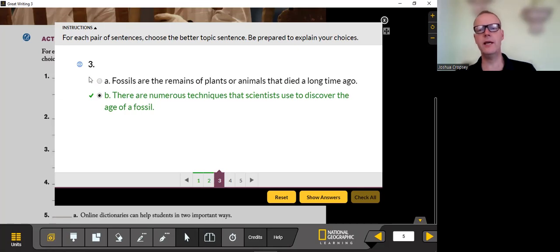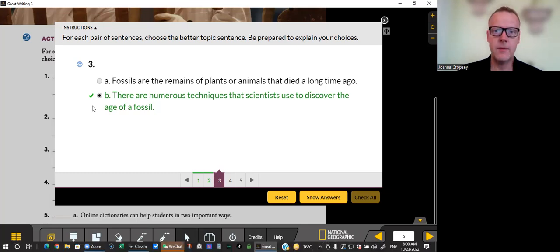A, again, it's just stating a fact, whereas B actually mentions there are numerous techniques to discover the age of a fossil. Now that's interesting. That would take some time. You've got a nice paragraph there that could be written. Pretty cool.